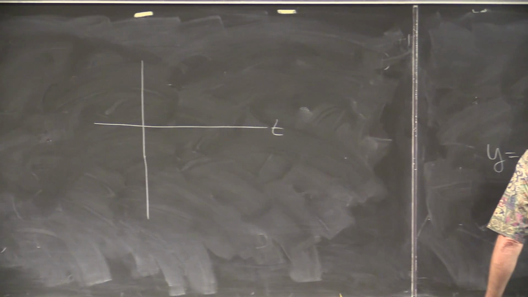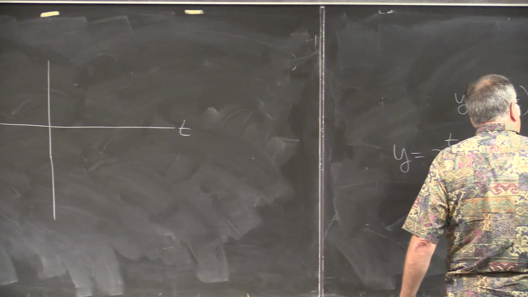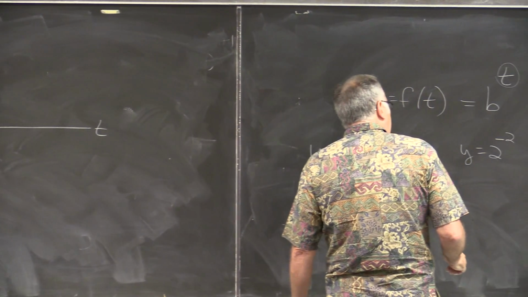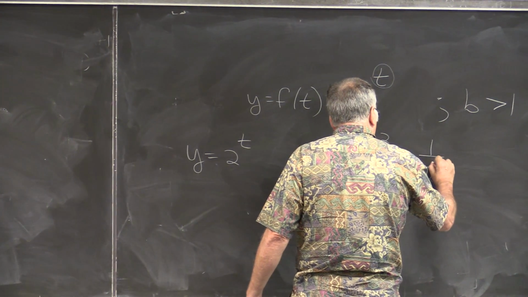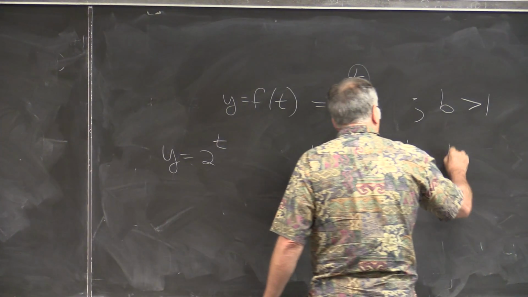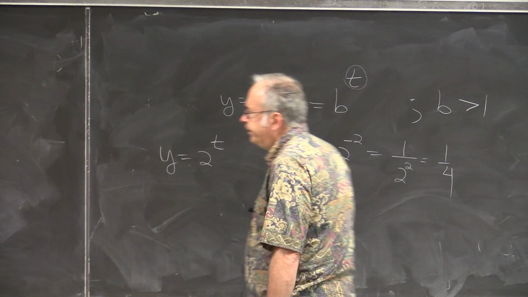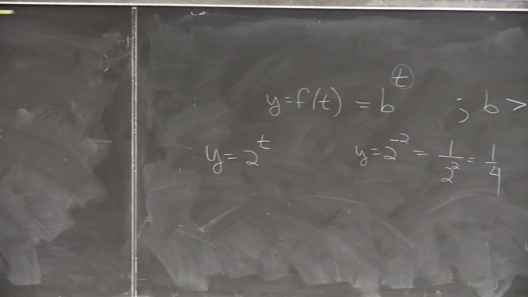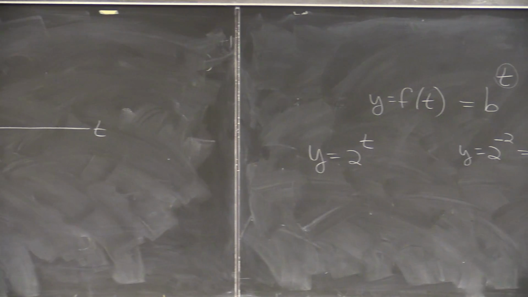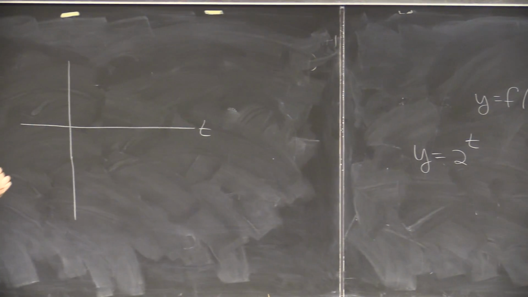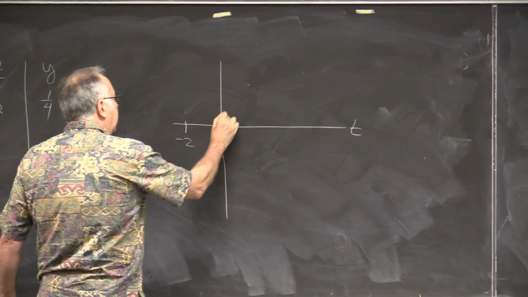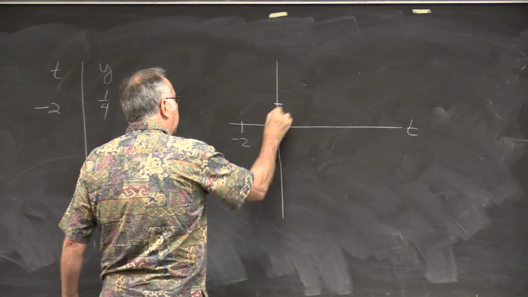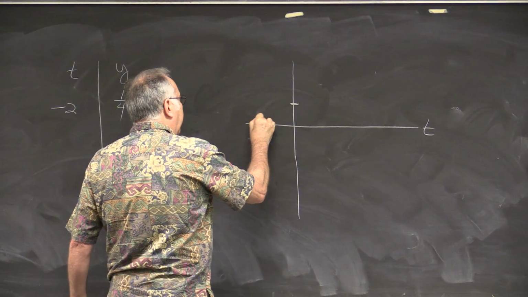If you have y equals 2 to the minus 2 power, then this would be the same as 1 over 2 squared, or 1/4. So we would be right here, t equals minus 2, and let's say this is 1. So 1/4 would be about right here.